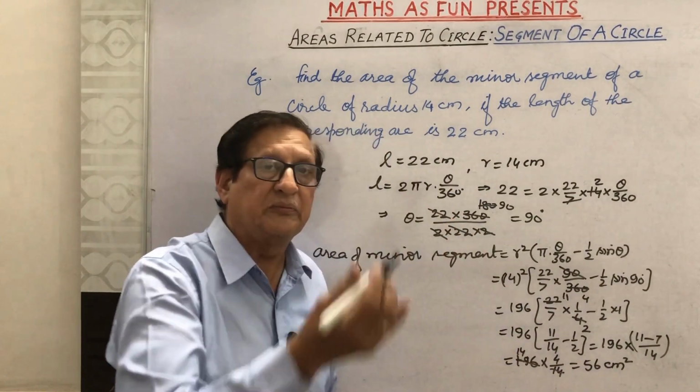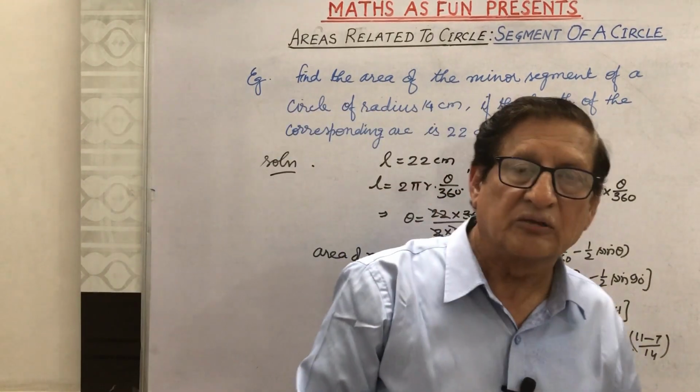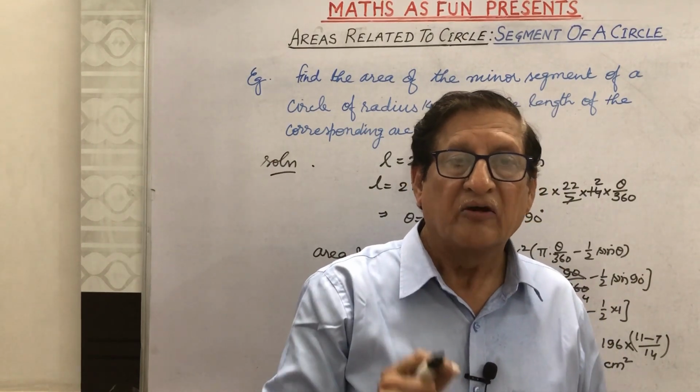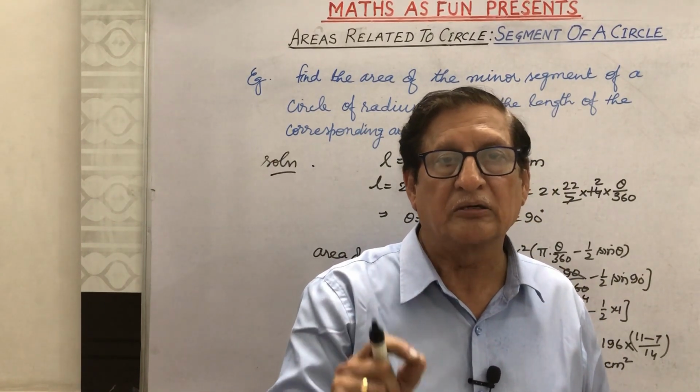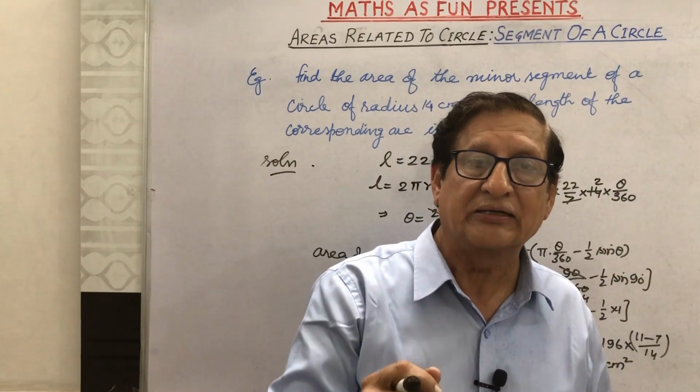So 56 centimeter square is the area of the minor segment. So in this video we have learnt about the segment and its area. In the next video we will learn about the perimeters and areas of the combined figures involving sectors and segments of a circle.